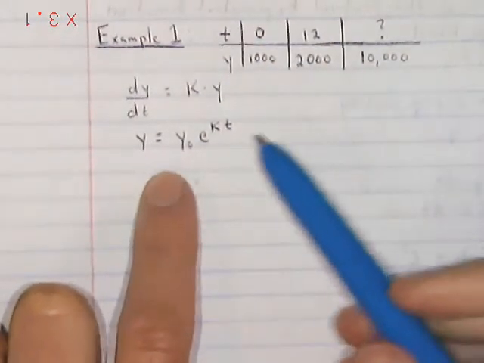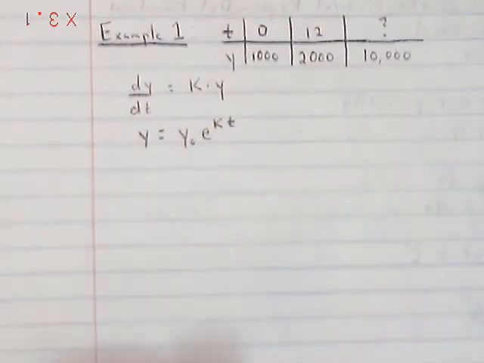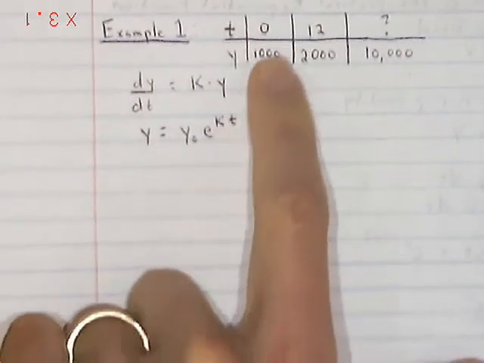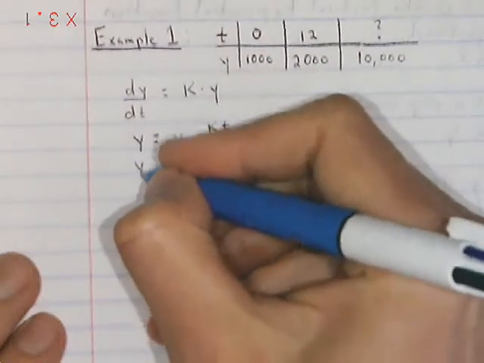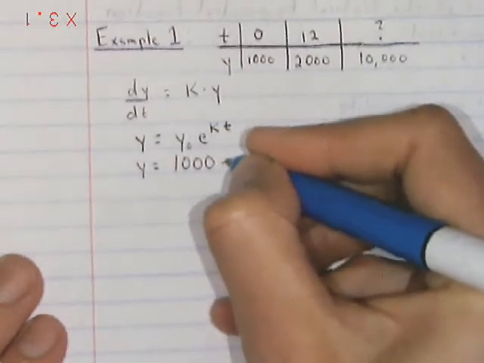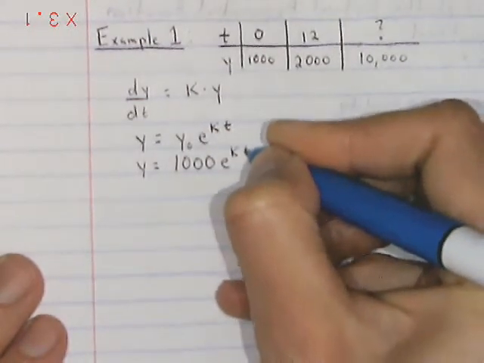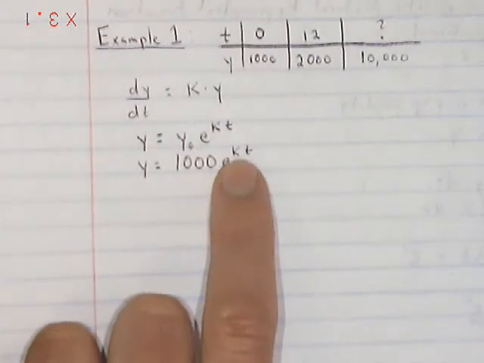So our job is to find out y naught and k for this specific function. Well, y naught is simple enough. It's when t equals 0. And so y is equal to 1,000 times e raised to the kt. And so really our job boils down to figuring out what the heck is k.